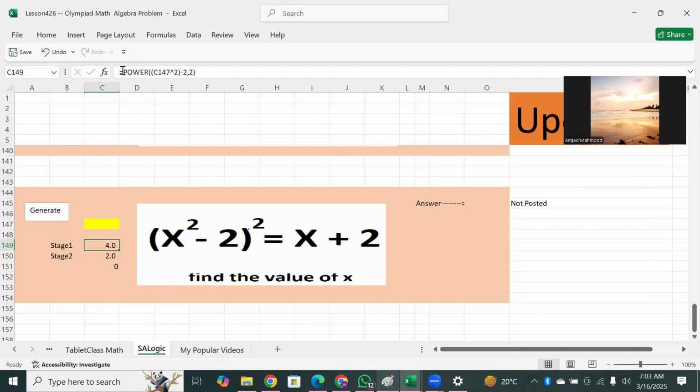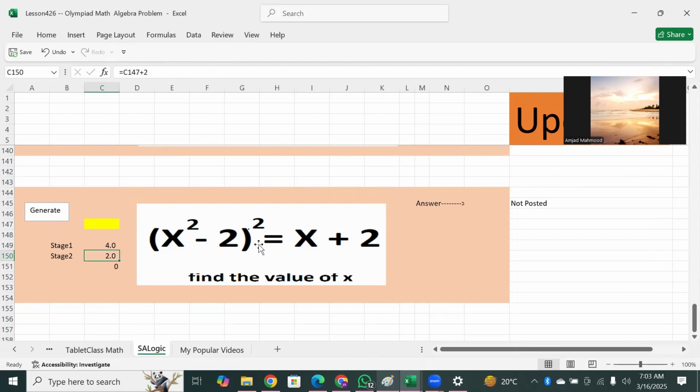But it's good to learn the power function. This will be useful in square rooting and in other exponentiation things, right? So this is a very simplified one, a lesser keystroke and very readable. Okay, so this is the whole square of x square minus 2. Okay, and equal to x plus 2, right?